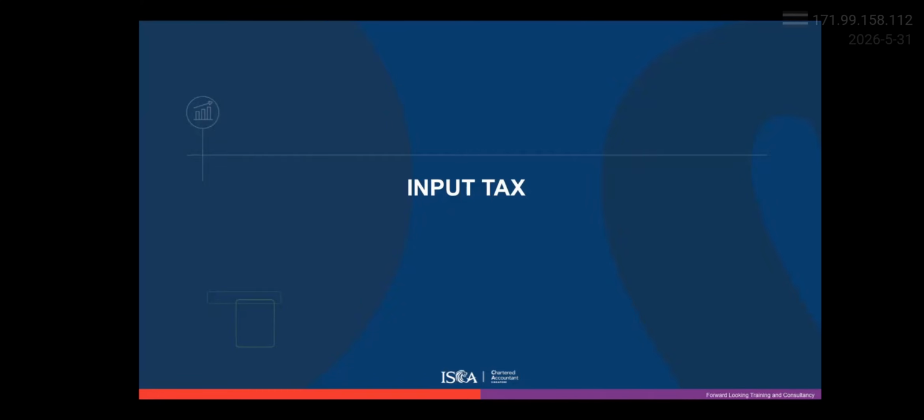Now let's move on to input tax. We talked about output tax just now, which is when and how we should be charging GST to the other party. Let's move to another area of input tax where we are being charged GST, right?